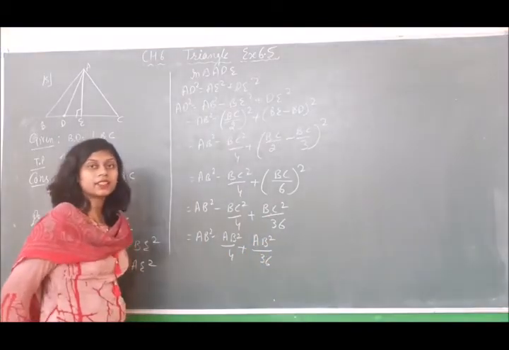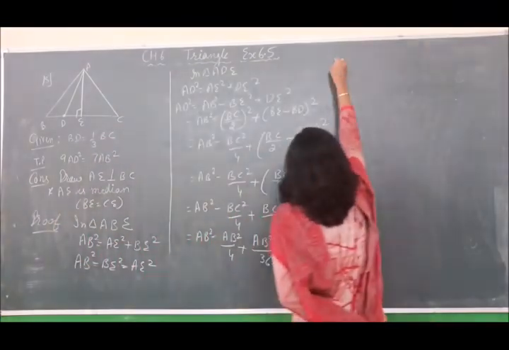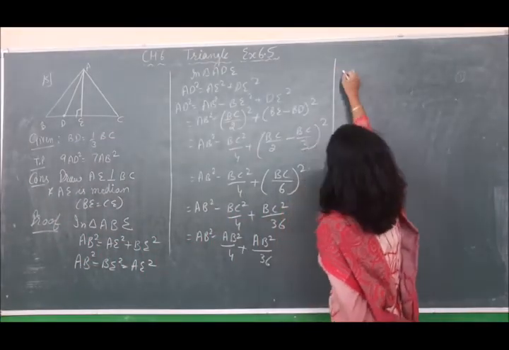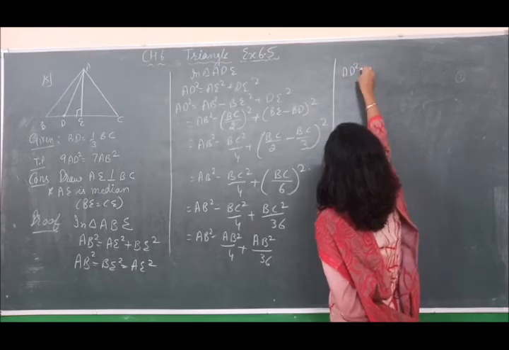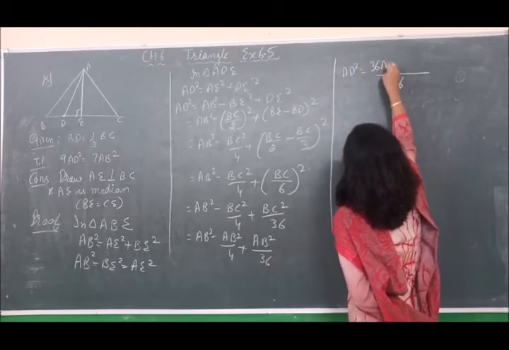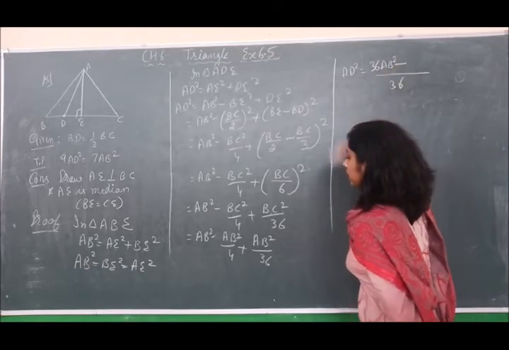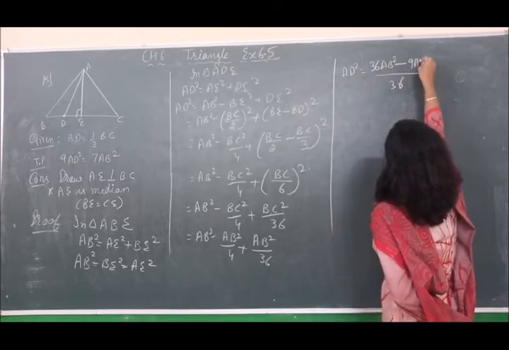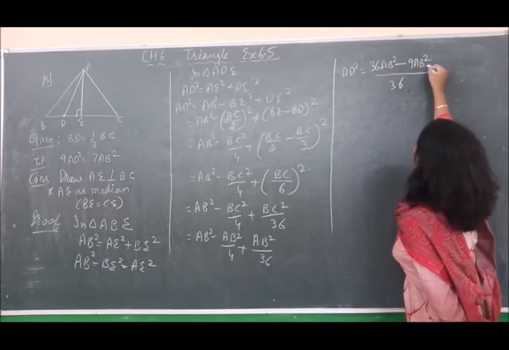Now take the LCM. What will be the LCM? LCM is 36. Left hand side AB square. So we get 36 AB square minus 9 AB square plus AB square.